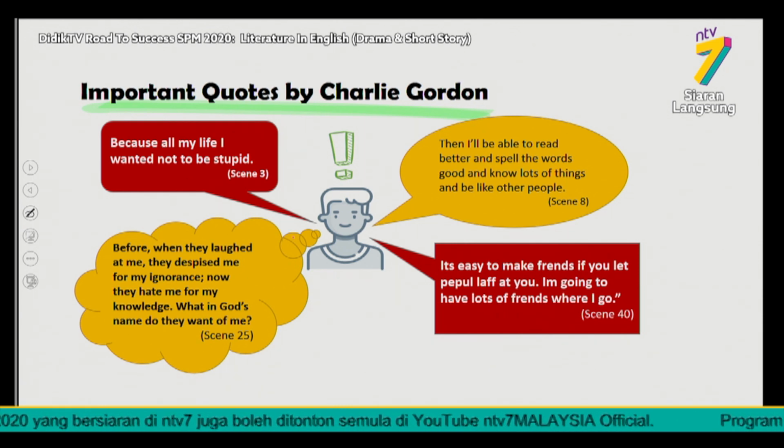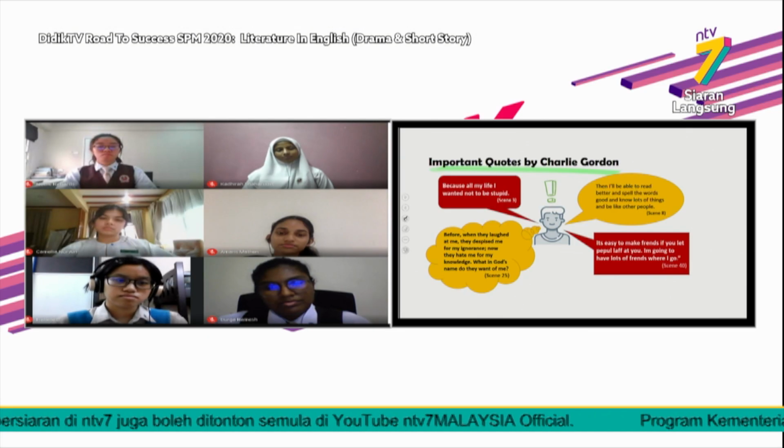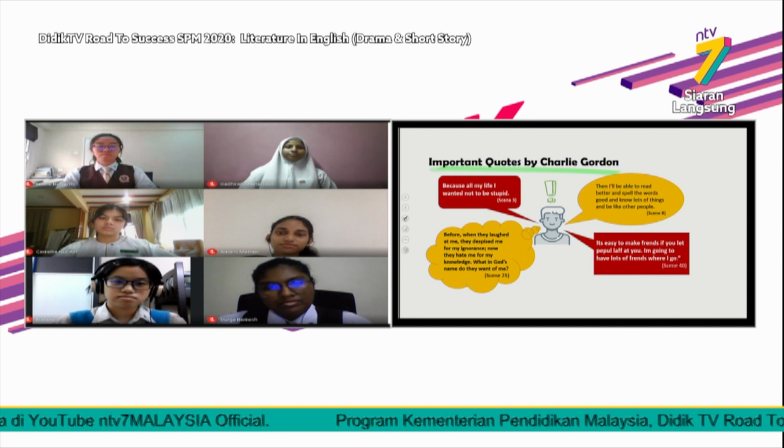But what I want someone to give me an answer for, probably Isabel, you look at that quote there that I've taken from scene 25, where Charlie Gordon says, "They laughed at me before and they despised me for my ignorance, yet now they hate me for my knowledge. What in God's name do they want of me?" Such an important, such a significant quote.